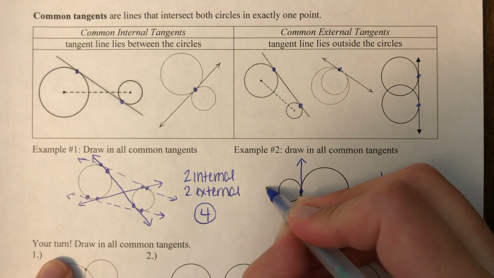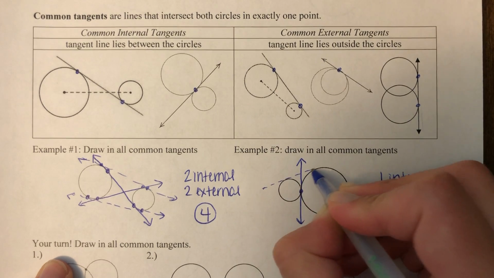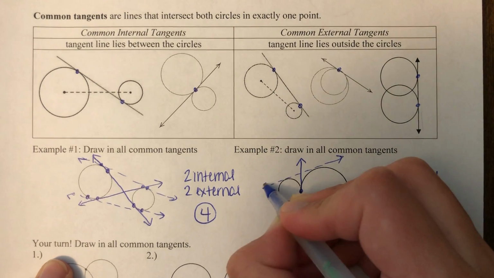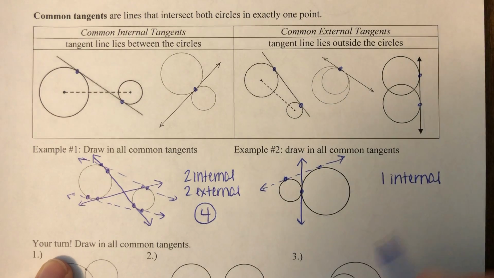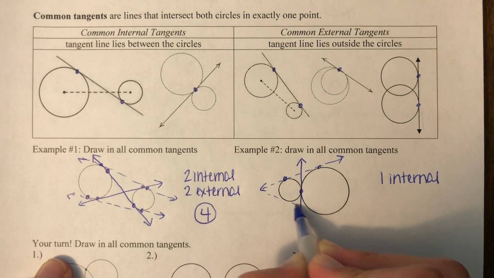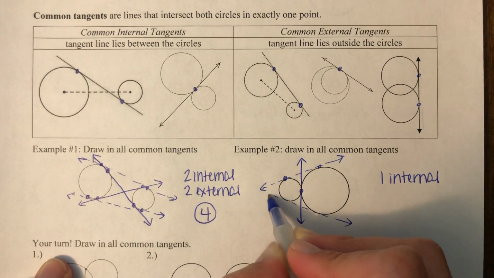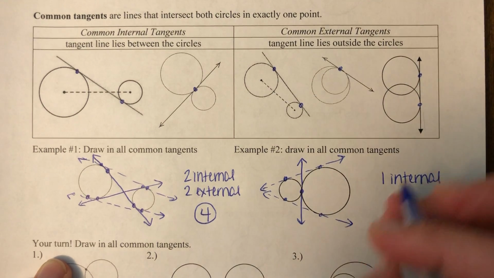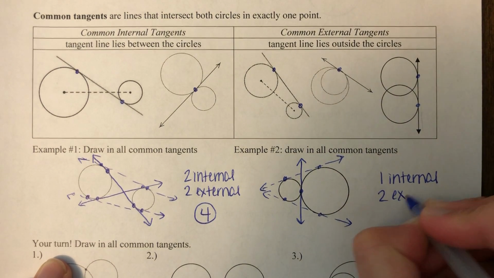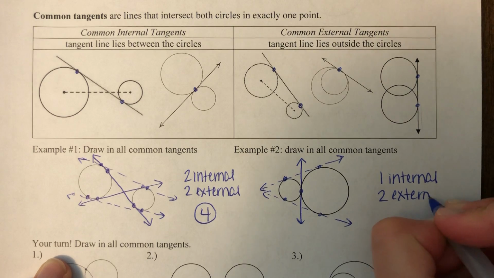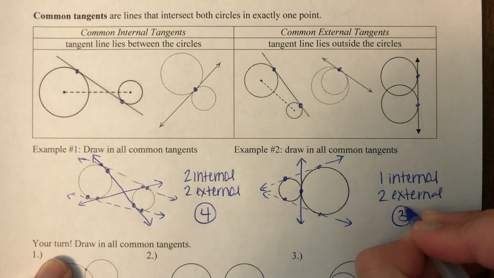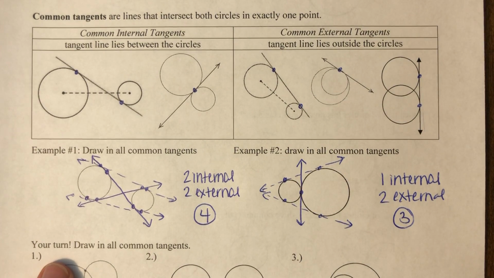Externally, looking on the outside, trying to hit each circle once. There's one. And there's another one on the other side. So there's 2 external. Total of 3 common tangents.